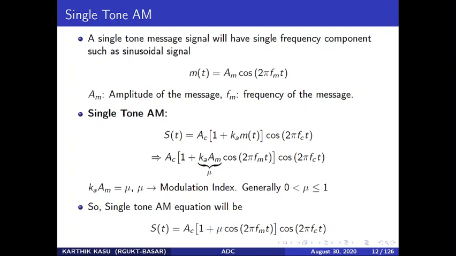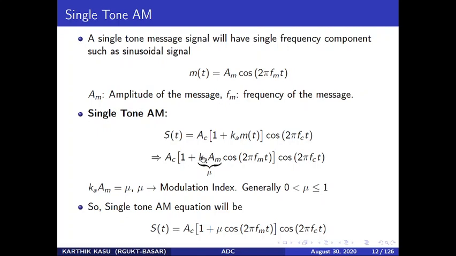The message is Am cos 2 pi fm t. Wherever there is m of t, I will substitute Am cos 2 pi fm t. Observe this very carefully. Ac as it is, 1 plus Ka as it is, and in place of m of t, I am writing Am cos 2 pi fm t. That's it. Close the bracket, cos 2 pi fc t.